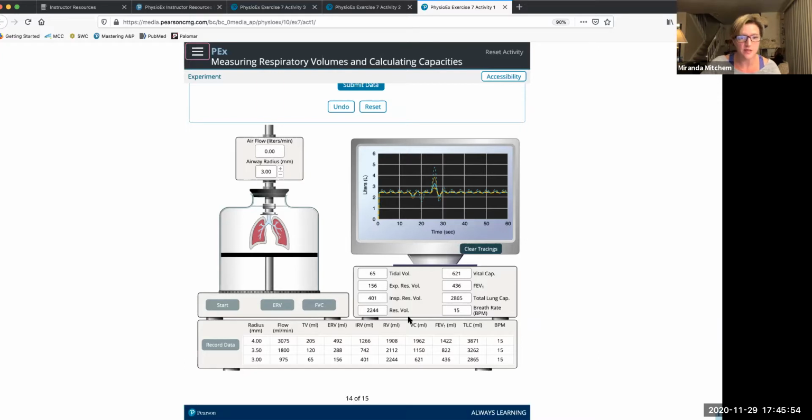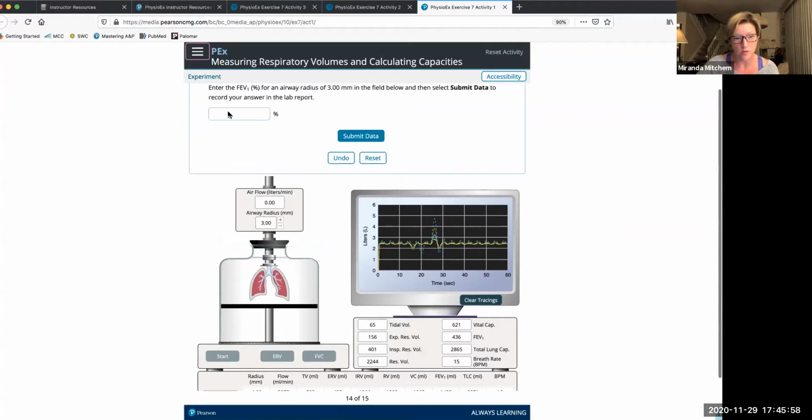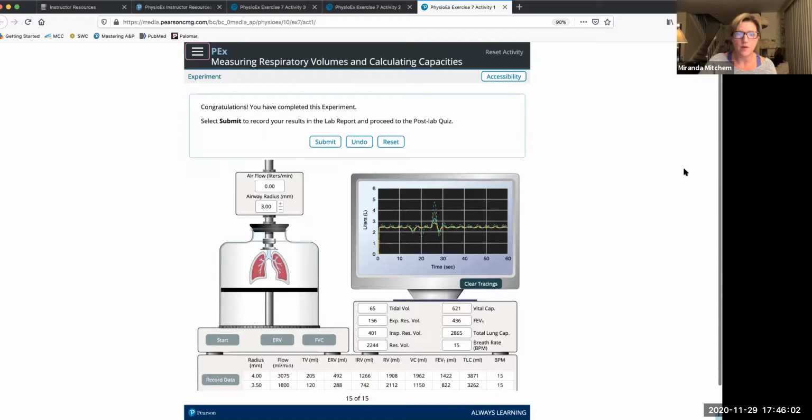And it gives us a percentage of 70.2. All right, so that is the experiment for activity 1. And we do see that as resistance is applied, we see changes in the amount of air being moved across many of the different volumes and capacities that we're looking at.